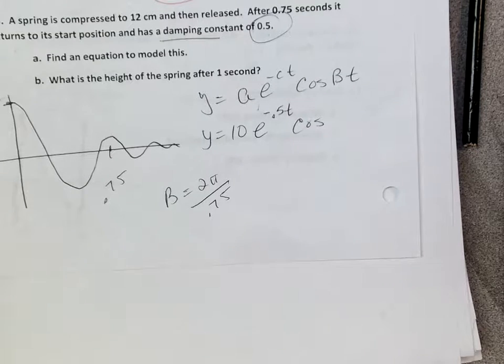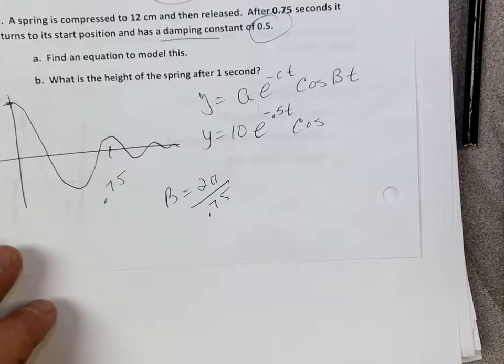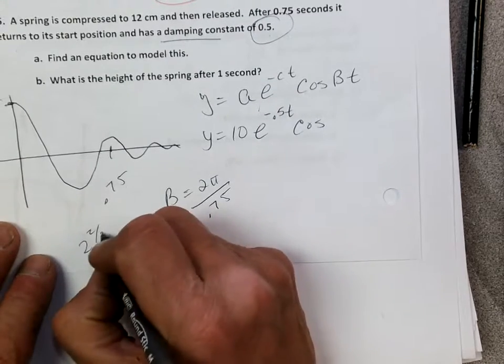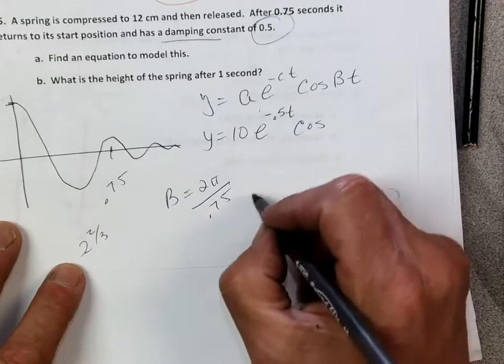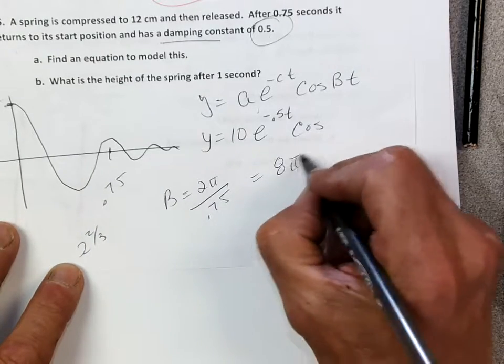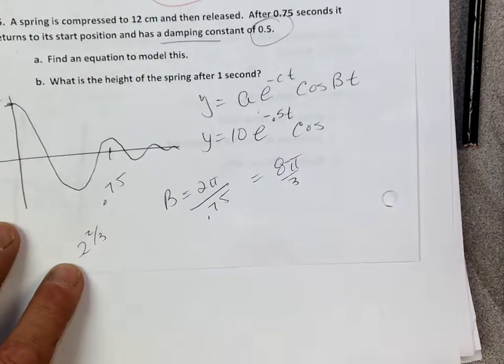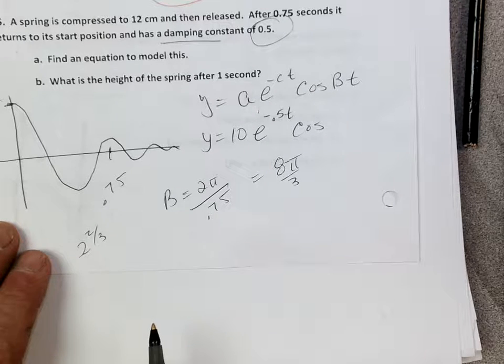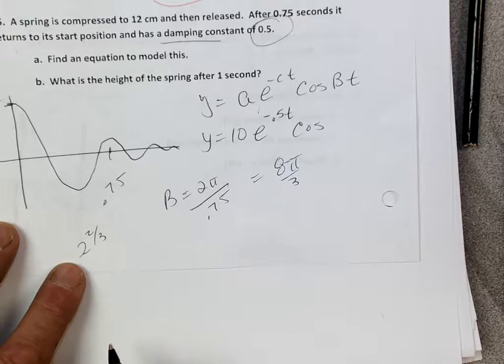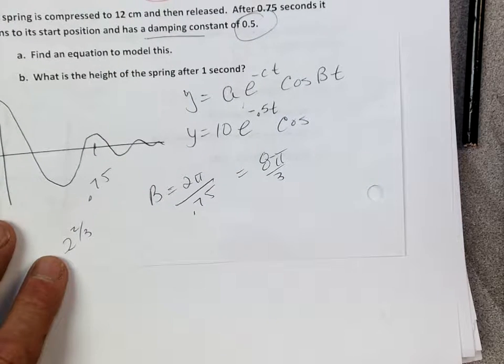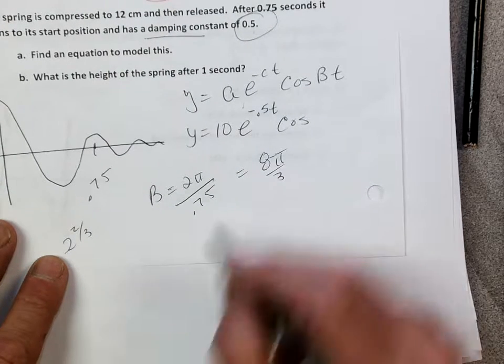So divide by 0.75. 2 divided by 0.75 is 2.66, or 2 2/3, 8/3. How about 8 pi thirds? How did I get that? Oh, it's 12, not 10.